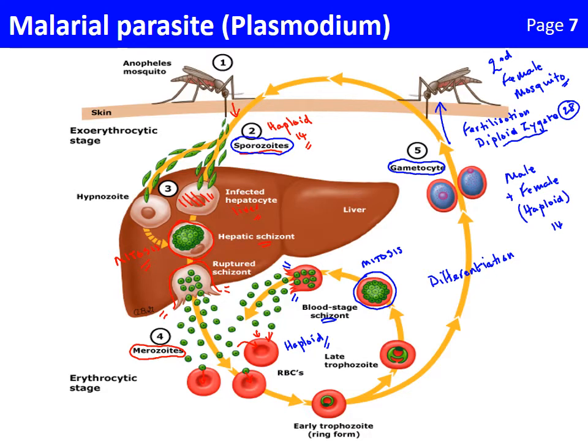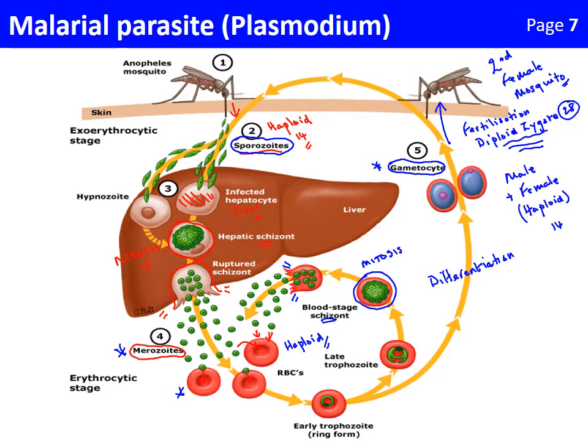So the second female mosquito will take up merozoites plus infected red blood cells plus gametocytes. The gametocytes will develop into gametes. The gametes fuse in the stomach of the second female mosquito. So that's a diploid cell. They undergo meiosis to produce many haploid cells.